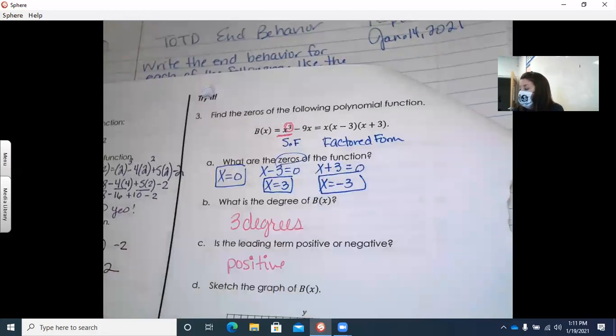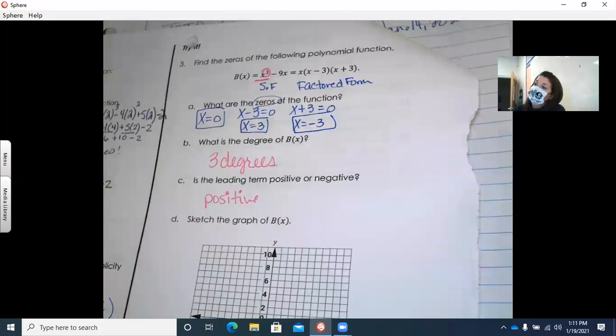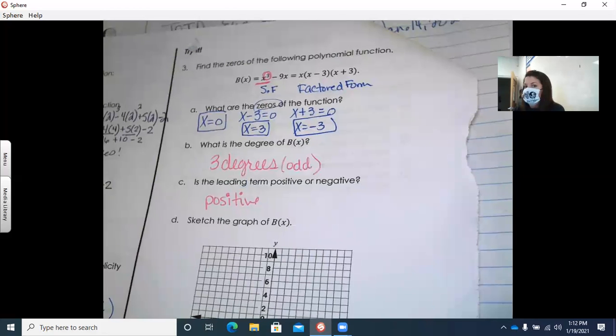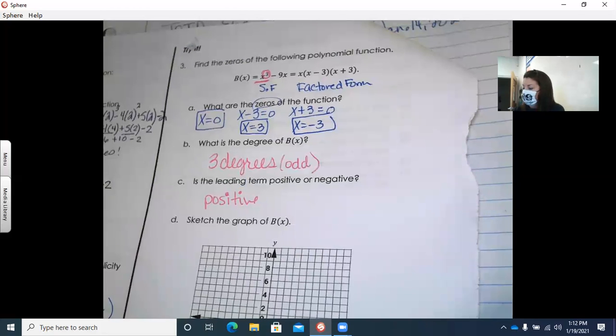Part D is wanting us to sketch the graph. Why do you think they asked us how many degrees there were and if it was positive or negative? So that we can determine the, what did we do all last class? End behavior. So if you have a positive, this is odd, right? A positive odd, first of all, is my end behavior going to be same direction or opposite directions?